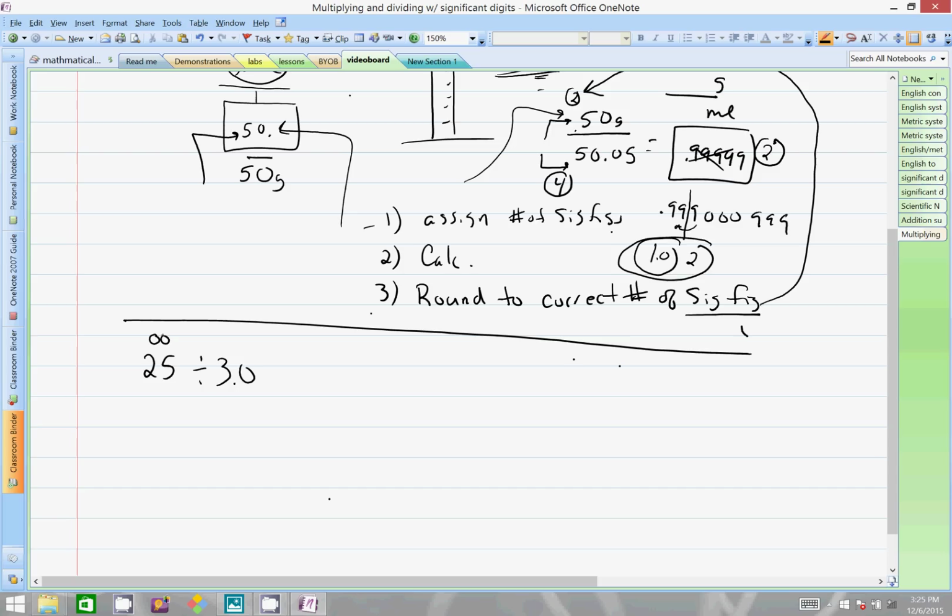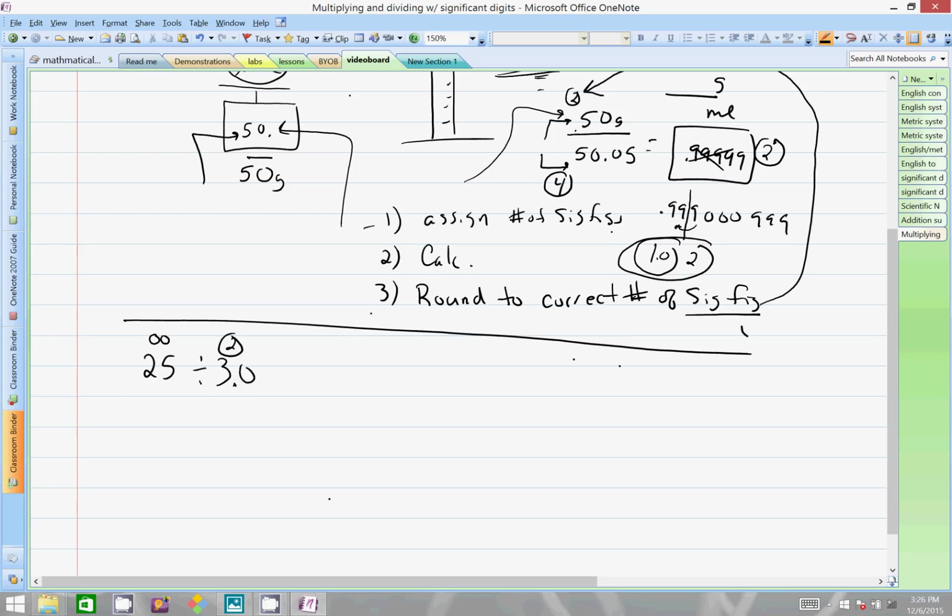No decimal, it's an exact value, exactly 25. We're dividing 25 eggs amongst 3 people. I shouldn't even say 3 people, because this is not an exact value. 25 divided by 3.0, measured values. This has 2 sig figs. So my answer has to have 2 sig figs.